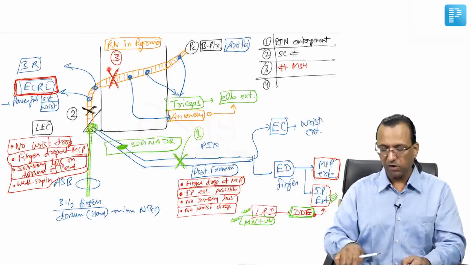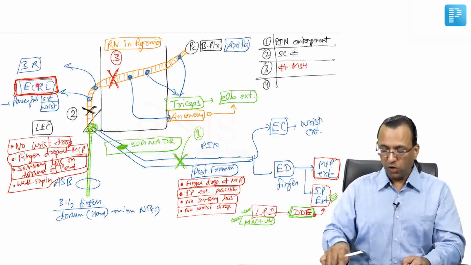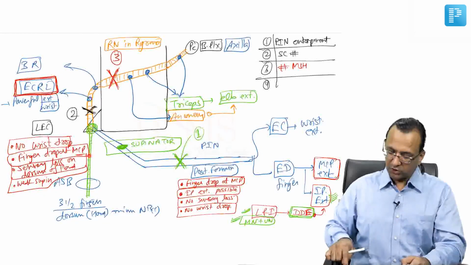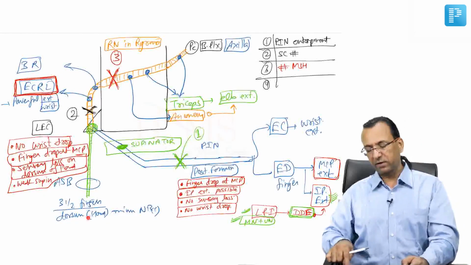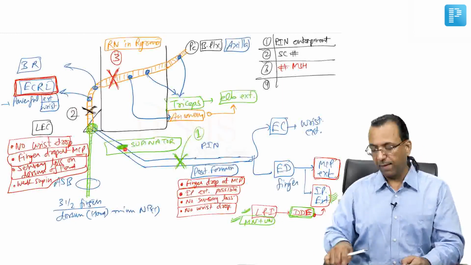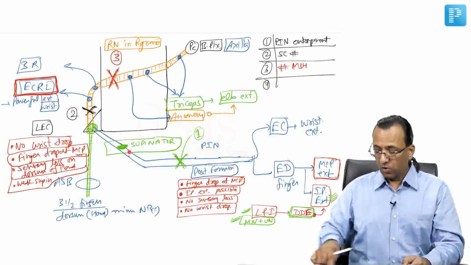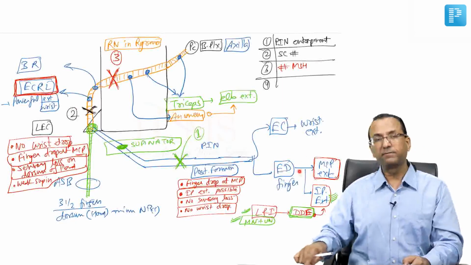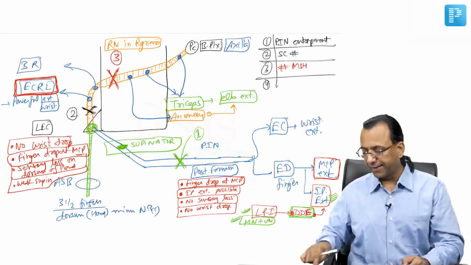You mean to say brachioradialis is gone? Yes. ECRL gone, the powerful wrist extensor? Yes. That is why there is a wrist drop. Not only wrist drop, there will also be sensory loss on the dorsum of the hand, weakness of supination, and also finger drop at the MCP joint. But IP extension is working.